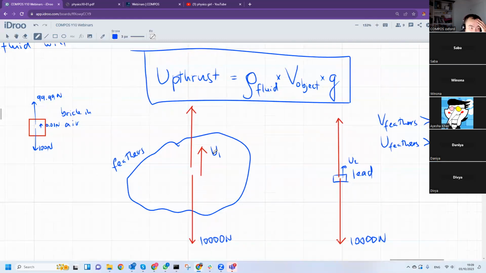So to lift the feathers, let's say the upthrust on the feathers is 1,000 newtons. So you only need 9,000 newtons to lift the feathers. And if the upthrust on lead is, I don't know, 20 newtons, you would need 9,980 newtons to lift the lead.